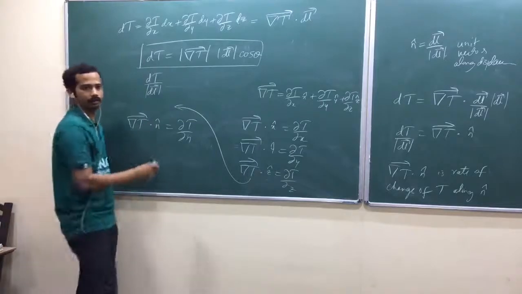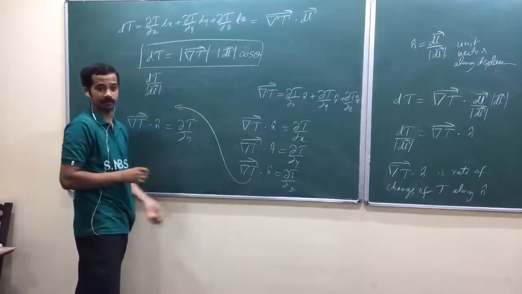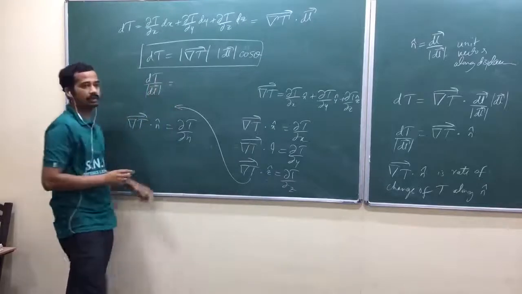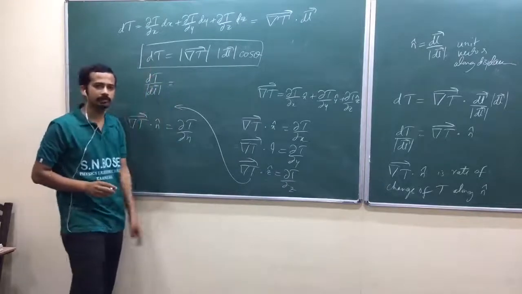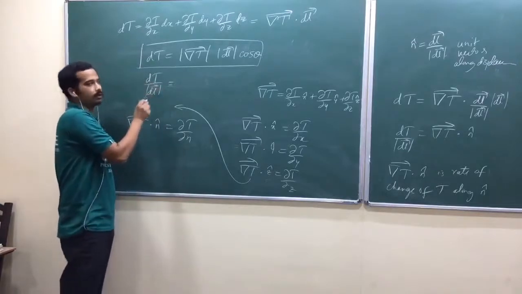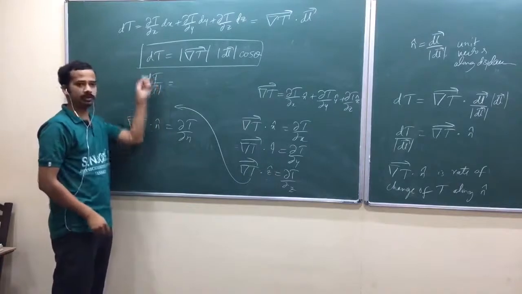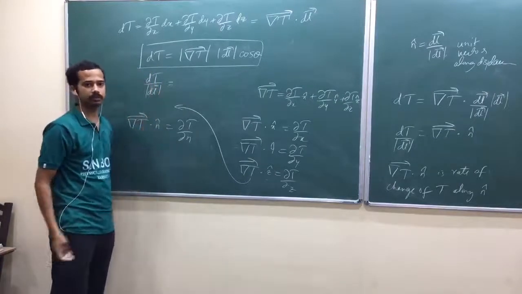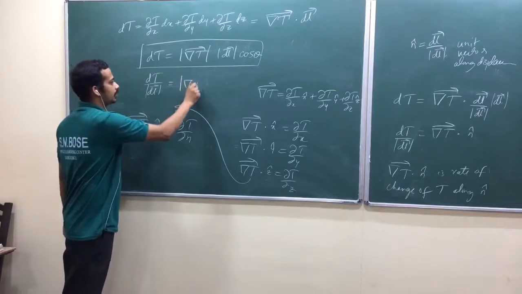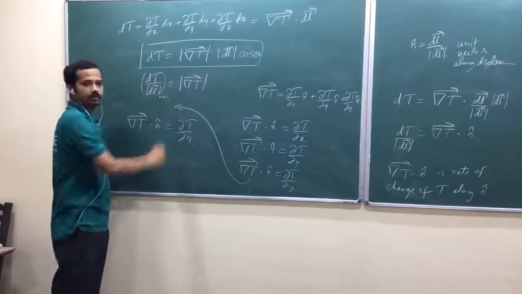Don't use the word gradient here, because that is what we have to interpret later. Define this as the maximum rate of change. I have taken dl constant. When theta equals 0, this ratio is maximum, so this rate of change is maximum. That's why the magnitude of the gradient is the maximum value.